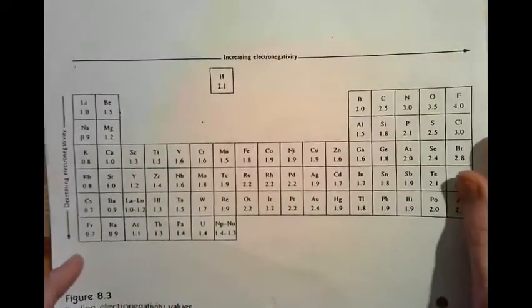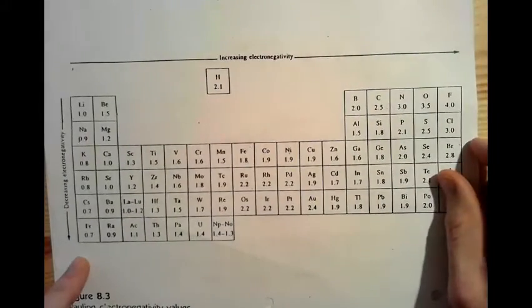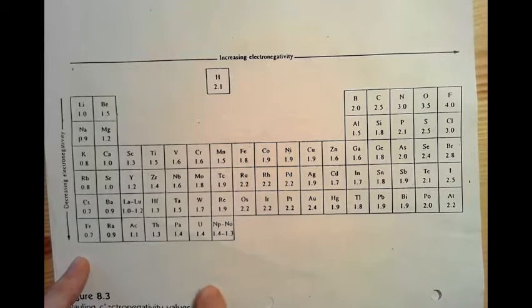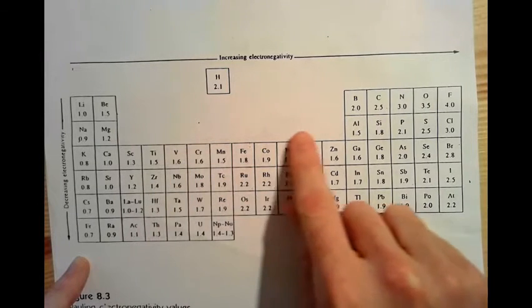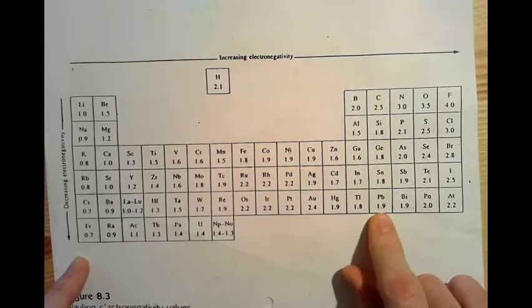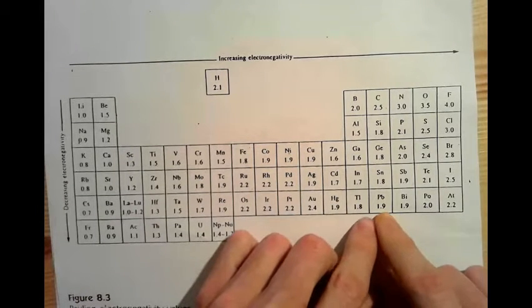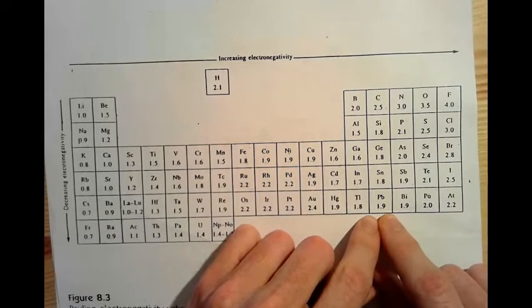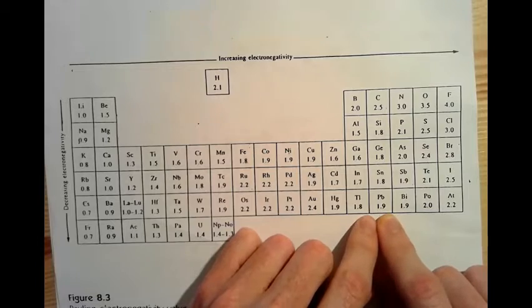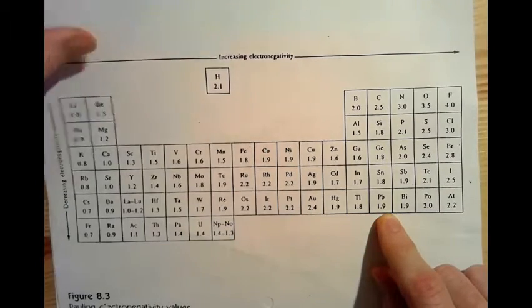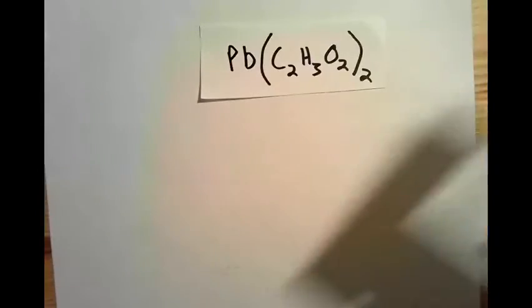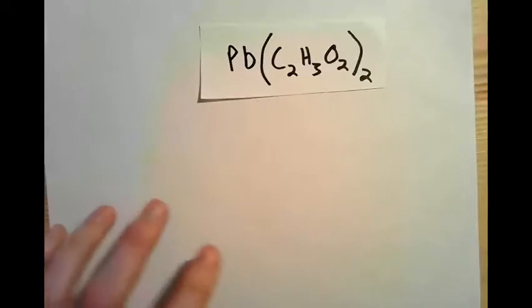When I look at my periodic table, I go to find lead, and it is way over here. Lead is one of those metals that is also considered a transition metal. It can have two different oxidation states.